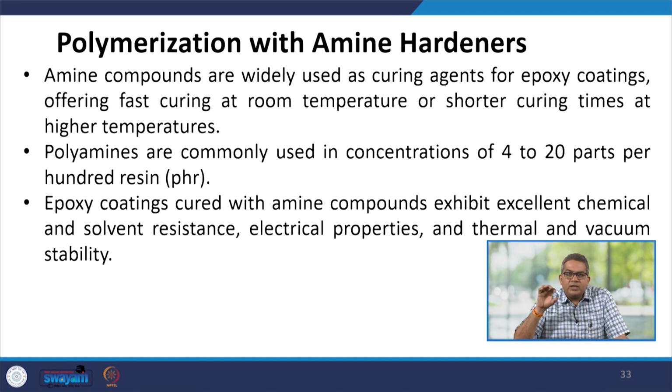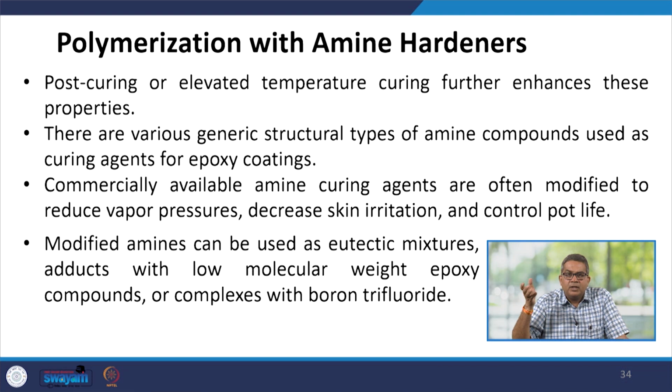Epoxy coating cured with amine compounds exhibits excellent chemical and solvent resistance and electrical properties, and they possess thermal and vacuum stability. The post-curing or elevated temperature curing further enhances these properties, and these are the various generic structure types of amine compounds used as curing agents for epoxy coating.